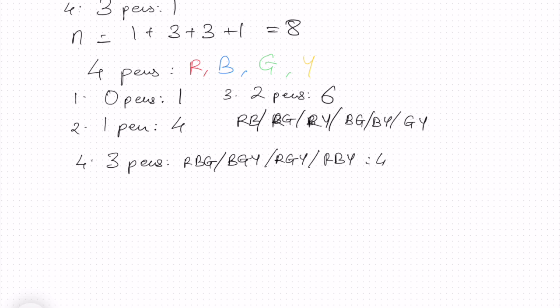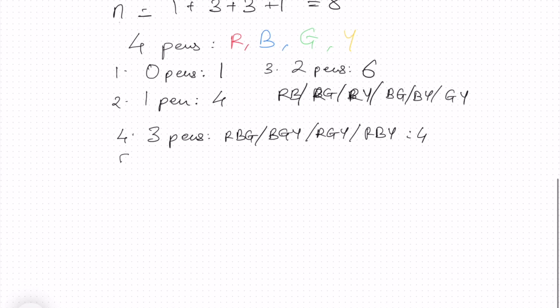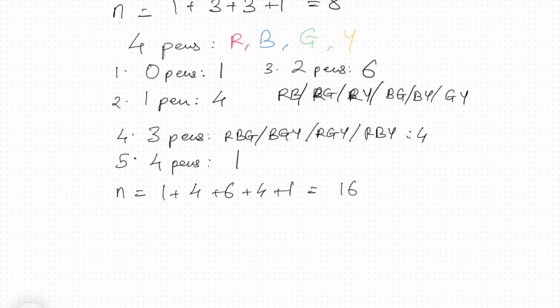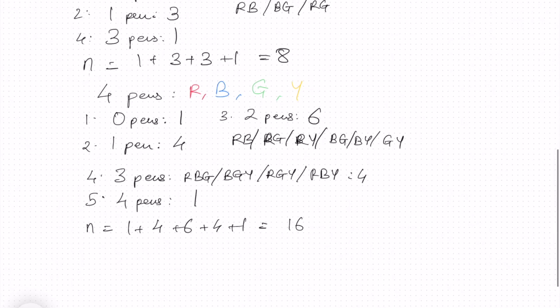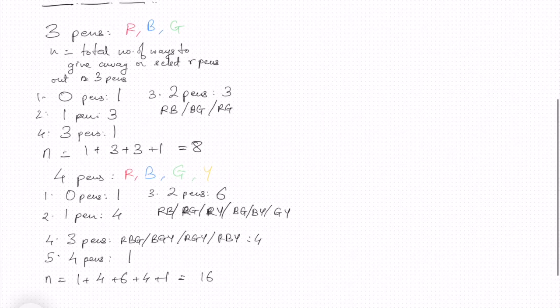So again, 4 possibilities. And the final one is I give away all the pens. So 4 pens, one way to do it. So n is 1 plus 4 plus 6 plus 4 plus 1 equals 16. Okay, so you can repeat this exercise for 5 pens as well, but obviously that's very tedious.